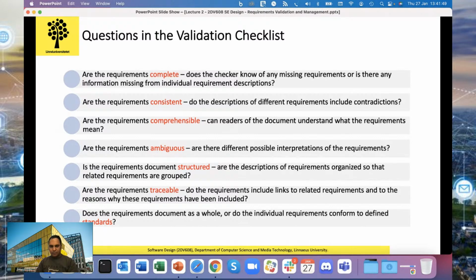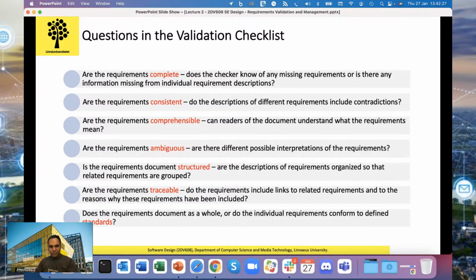In this case, you can also use a matrix format or table format, where you have validation questions in the rows, and in the columns you have requirements, and you ask the same questions for all the requirements, and then do some assessment of the validation outcomes. But eventually the end goal for this validation checklist is to revise your requirements if need be.